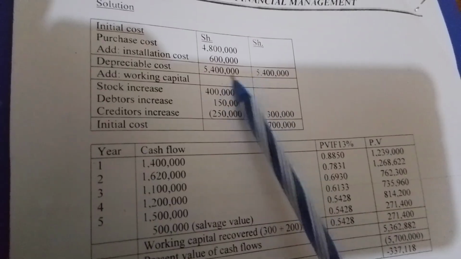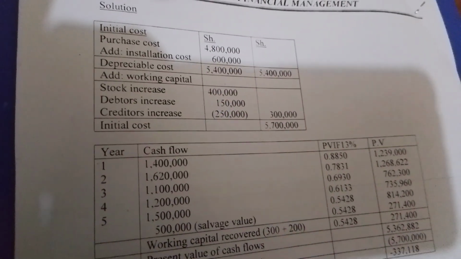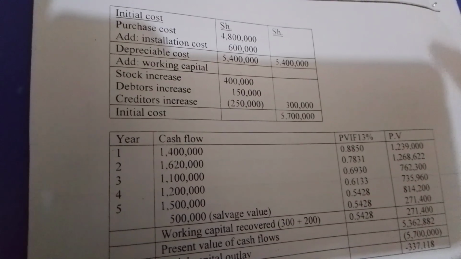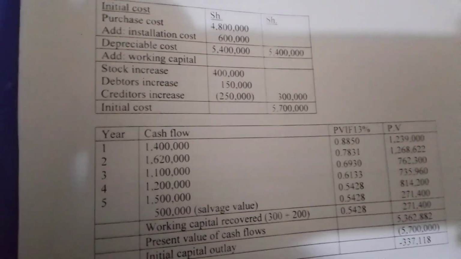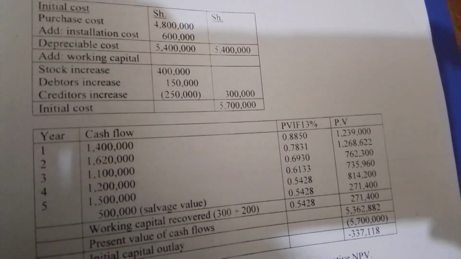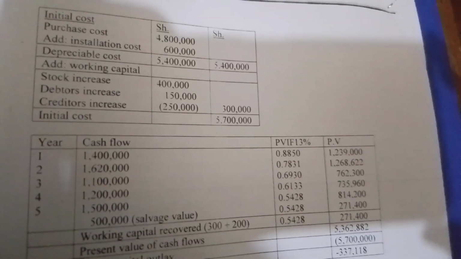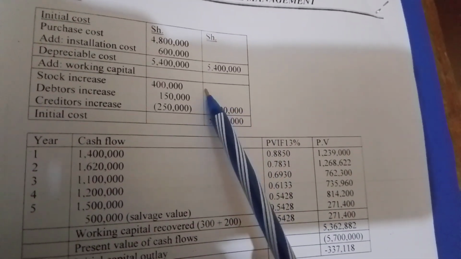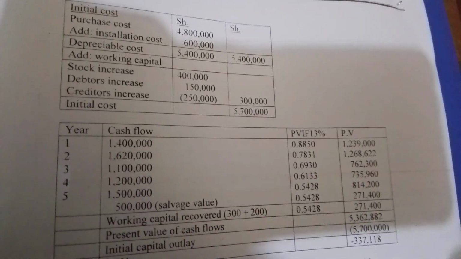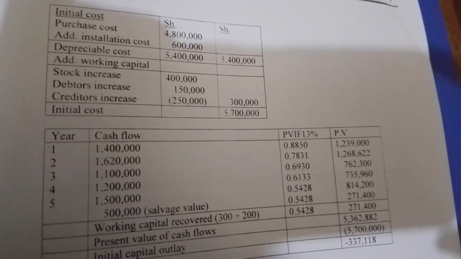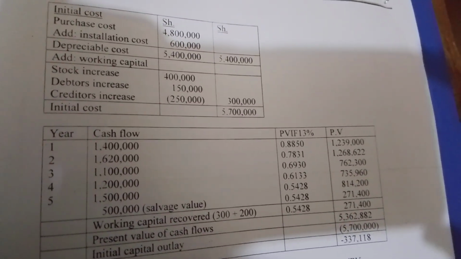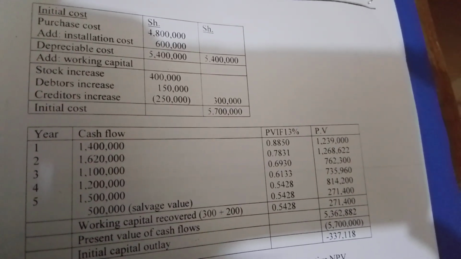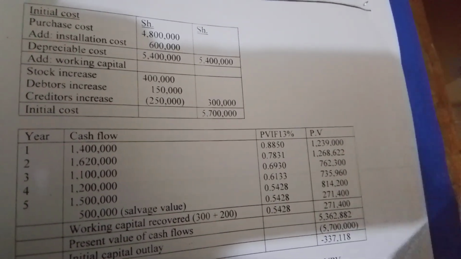5,400,000. Working capital: the changes in working capital occurred by the start of the economic life of the asset. So the stock increase, you have said if assets increase it is a plus: stock increased by 400,000, debtors also increased by 150,000, creditors increased, you less 250.